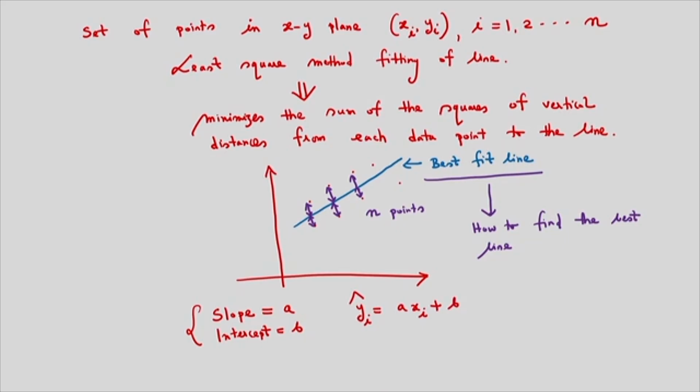Now, I have to consider the least square method, that means I have to minimize the vertical distance. So, this is my vertical distance. I have to consider all the vertical distances.